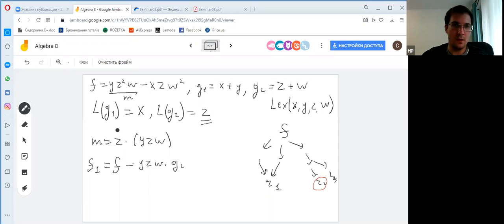This is the leading term of G2. And then we have a reduction of F to F1 by polynomial G2.